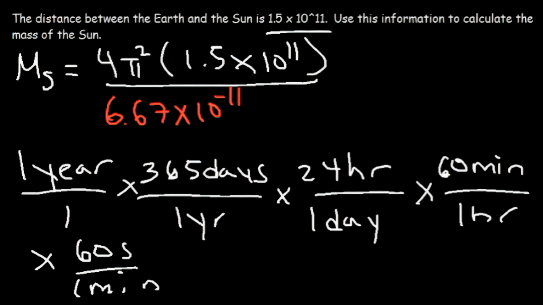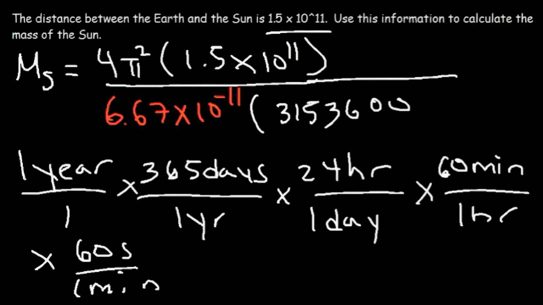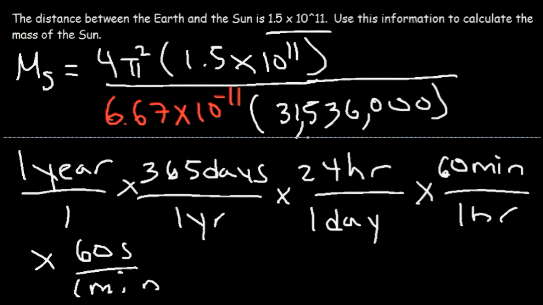So it's going to be 365 times 24 times 60 times 60, which is a large number. So basically that's 31,536,000 seconds.